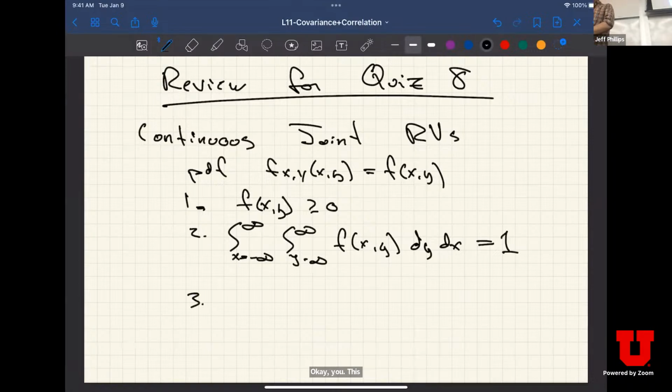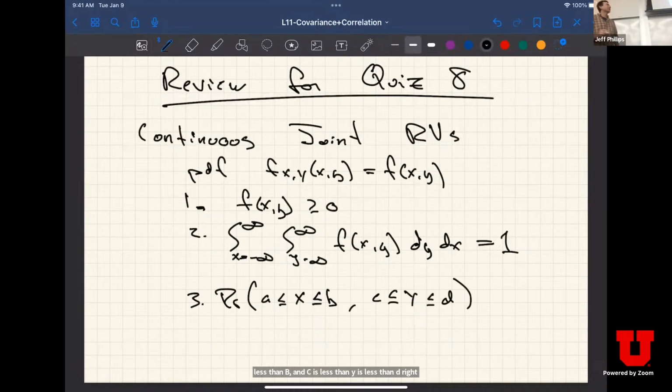And then 3, if I want to take the probability that A is less than X is less than B, and C is less than Y is less than D, right? So this was the sort of thing I could think of as a probability for continuous random variables. I can't really evaluate at a point, but I can evaluate over a range.